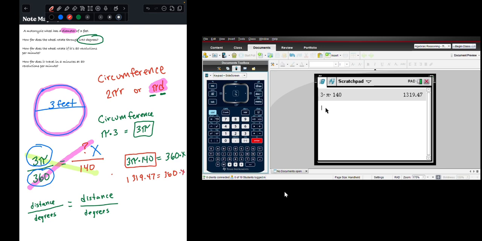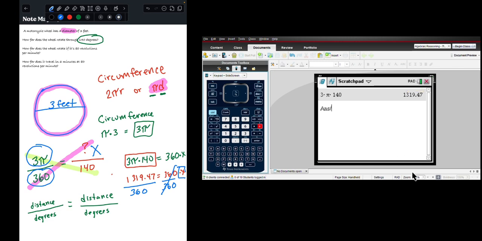So we need to get rid of that 360. We want to know what x is equal to. Since that 360 is being multiplied, we're going to divide it. That cancels out on this side. Now we're going to divide this by the 360. So now what I'm going to do, guys, is go to the calculator and press the division symbol, and that's automatically going to divide my previous answer from up here.